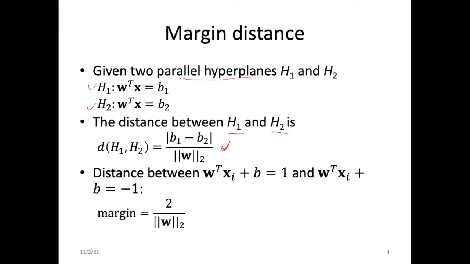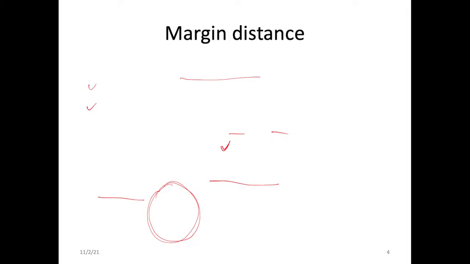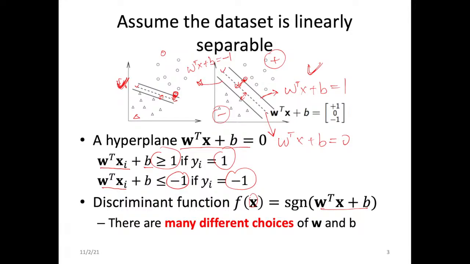So if we want to maximize the margin between these two lines, the distance between them is this much, right? 2 divided by the L2 norm of W. In other words, if we want to maximize the margin, we want to maximize this thing. That means we want to maximize the distance between this line and this line.